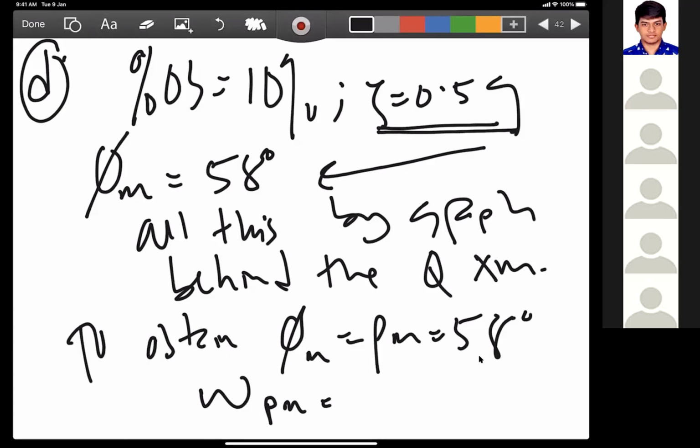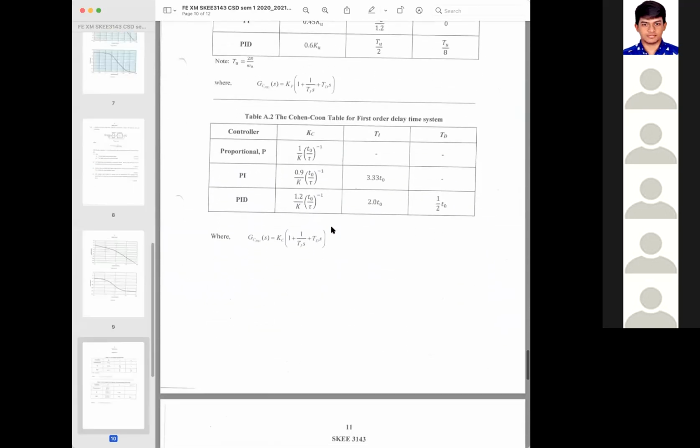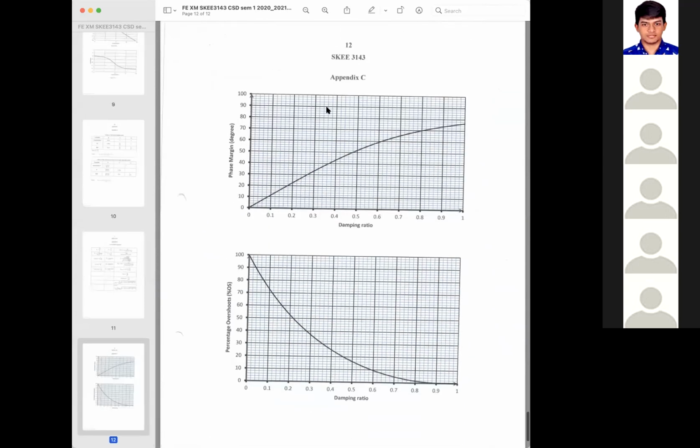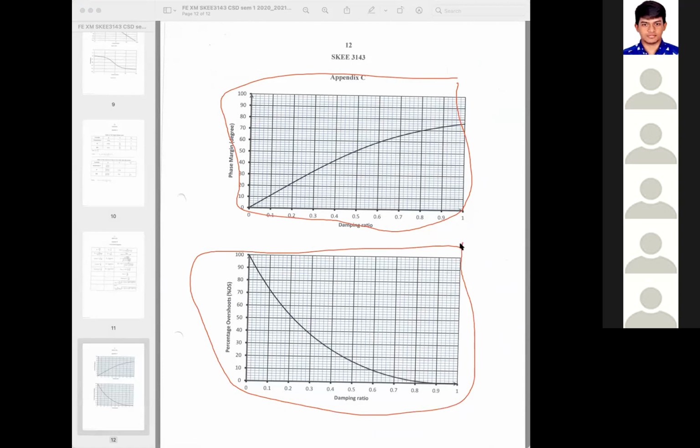So to obtain 58 degrees, what is the omega phase margin needed there? So I show you the standard graph first. This is the graph of the phase margin versus damping ratio. This is the overshoot and damping ratio. So 10% here will give you zeta 0.59.